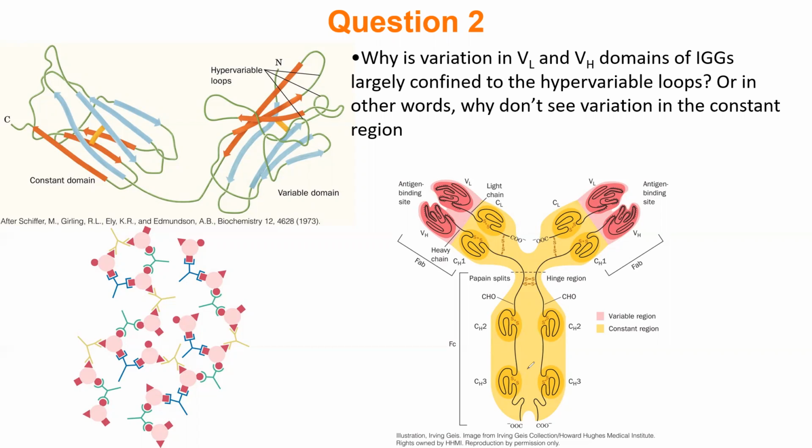Remember, we can make millions, billions of different antibodies. You don't want to make millions and billions of different proteins just to interact with those antibodies. If every antibody has the same tail, we only need one protein to interact with all those different types of tails. And the only reason that we have variability at the tips is because you never know what you're going to encounter inside your cell. You have to be ready for the possibility of everything.